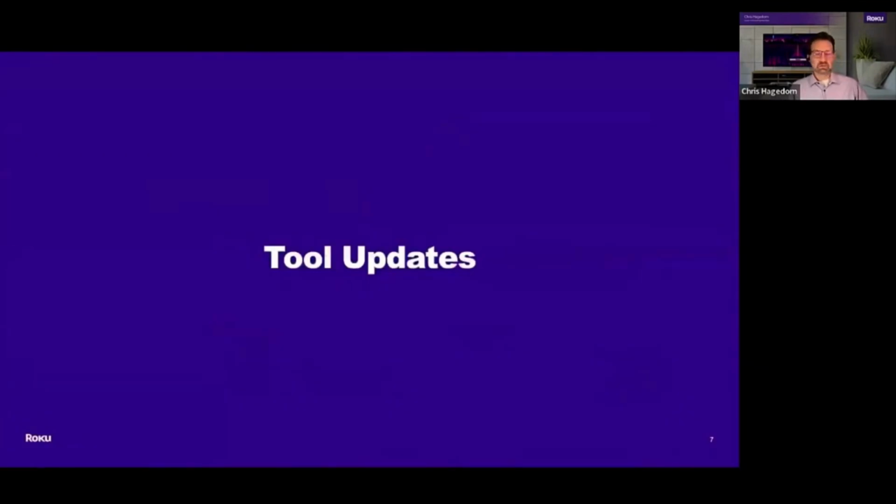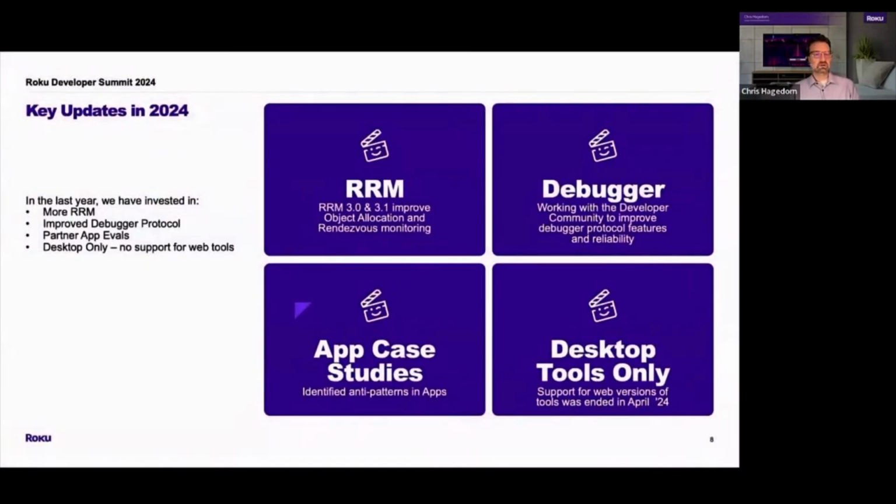Okay, so let's talk about those three and what we've done to them in the last year. Since Dev Summit 23 a year ago, we've been very focused on Roku Resource Monitor. That is the tool that we get the most feedback on, and the developers seem to get the most value out of. So we've been very focused on that, especially in terms of stability and reliability, and that goes for all the tools.